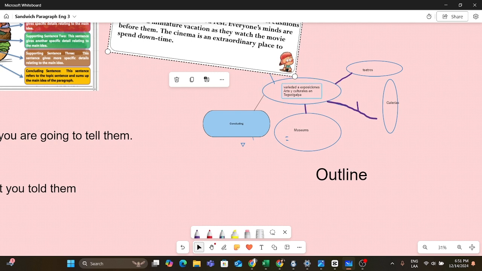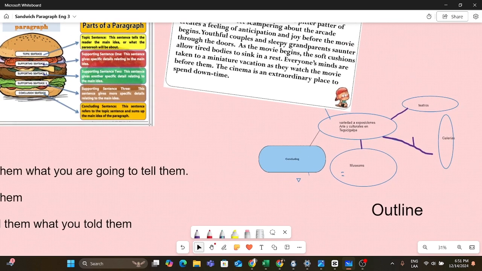So I'm going to talk about the variety of cultural expressions and arts in Tegucigalpa. So to support my opinion, okay, to support this idea, I'm going to talk about theaters in one sentence, galleries in another supportive sentence, like the tomato, like the meat, and museums in another supportive sentence. Okay?